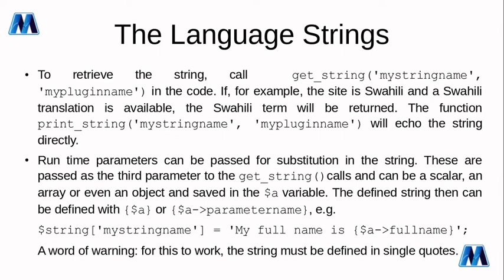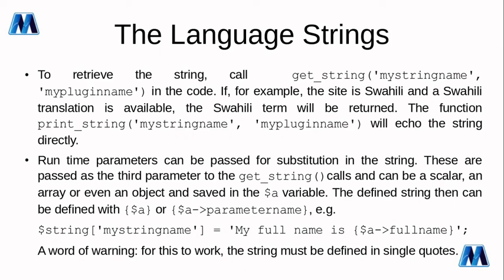Right. Runtime parameters can be passed for substitution in the string, and they are passed as a third parameter to the get_string or print_string calls, and it can be a scalar, an array, even an object, and it is normally referred to as the $a variable. And so then you can define the variable in your string.